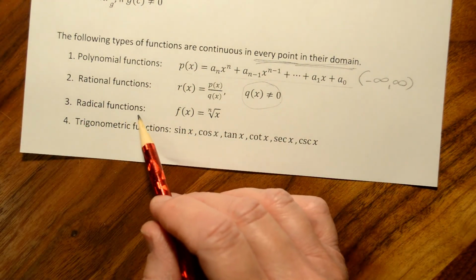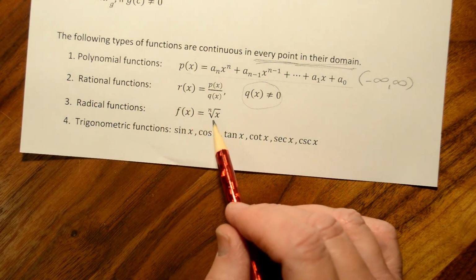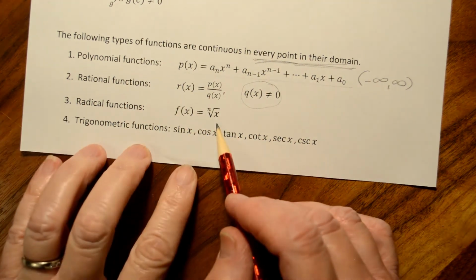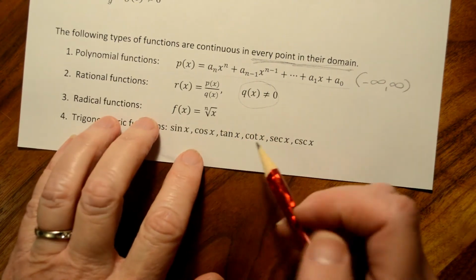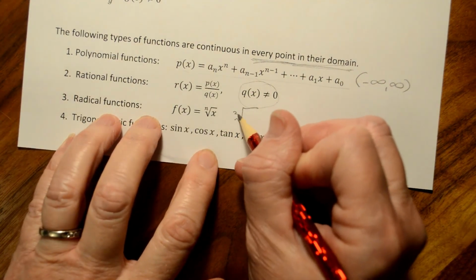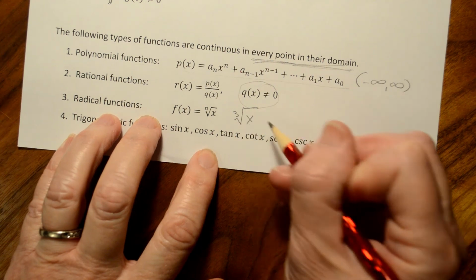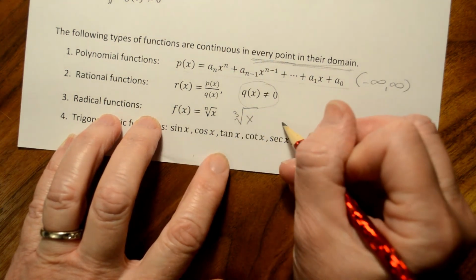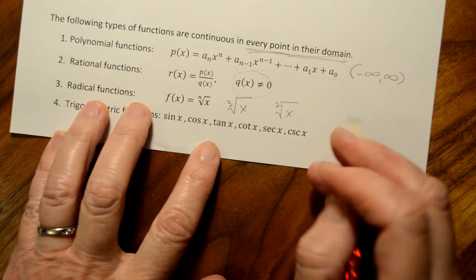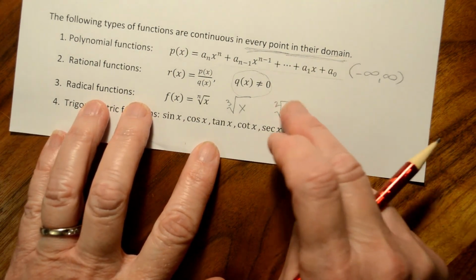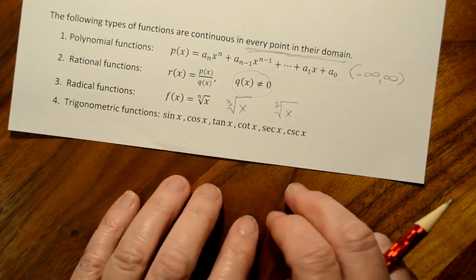And then radical functions, square roots, cube roots, and so forth, this is continuous at every point in their domain. Again, if that index is odd, we're good to go. All right, it's continuous everywhere. If it's even, like 2 or 4 or something, then we just have to omit anything that's going to make that negative under the radical.